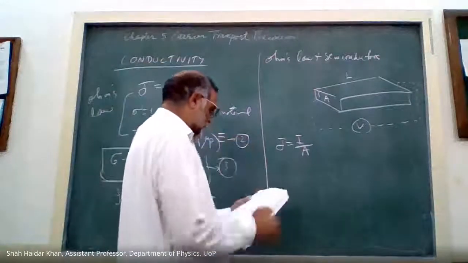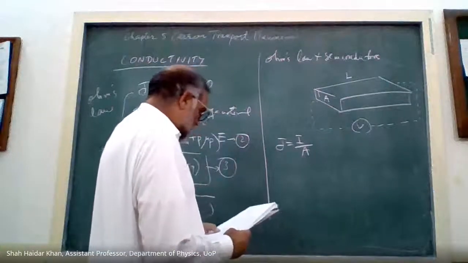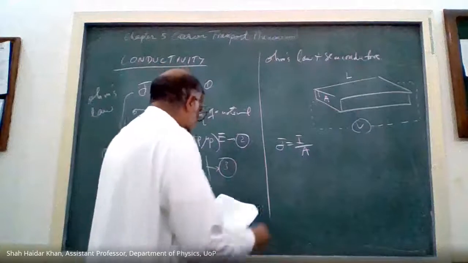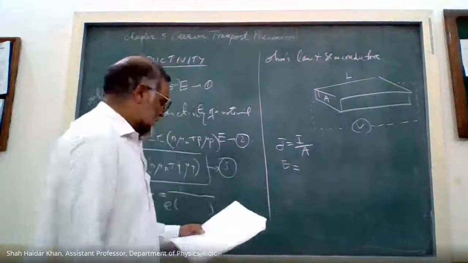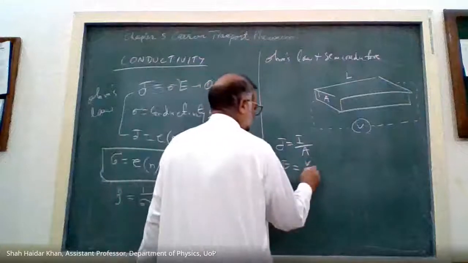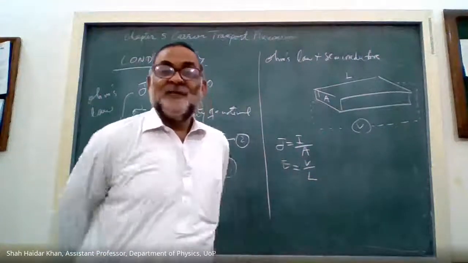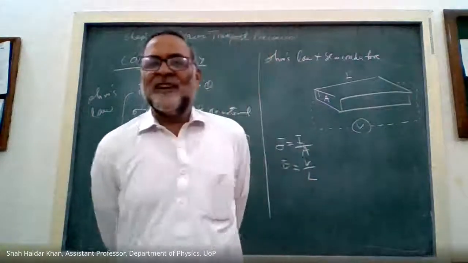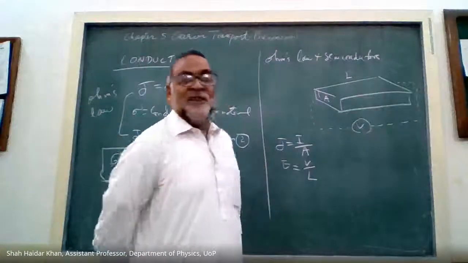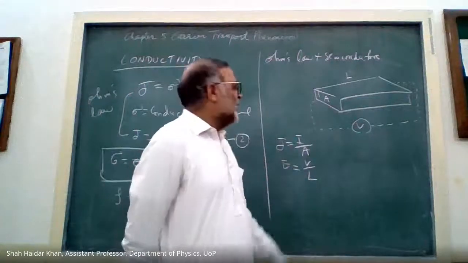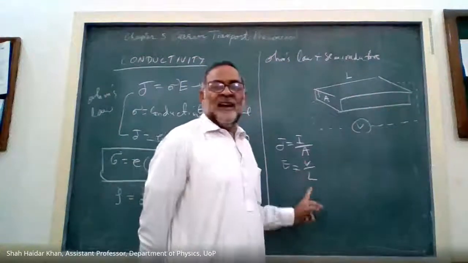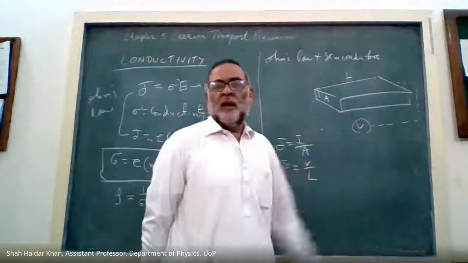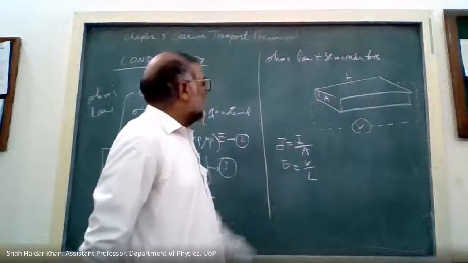Similarly, we know that the electric field is equal to V by L. We said electric field is the gradient of potential, dV by dx, so the potential difference is V and the distance is L. That is the electric field.